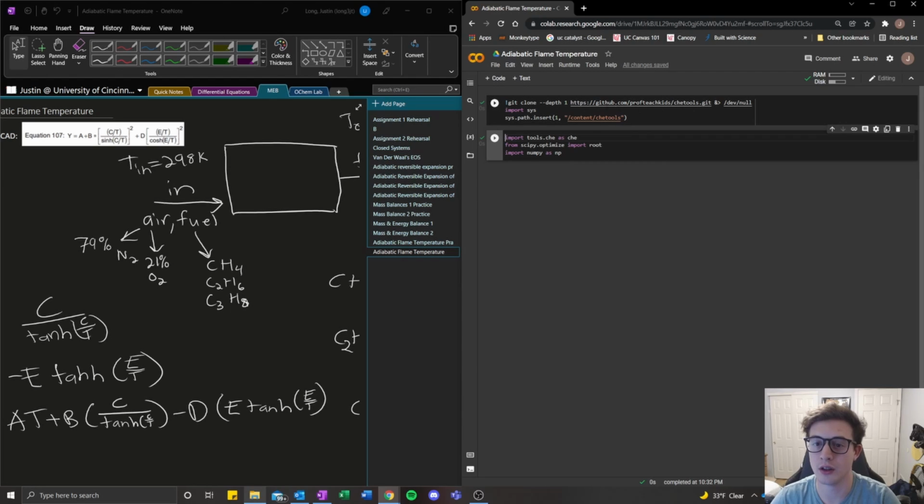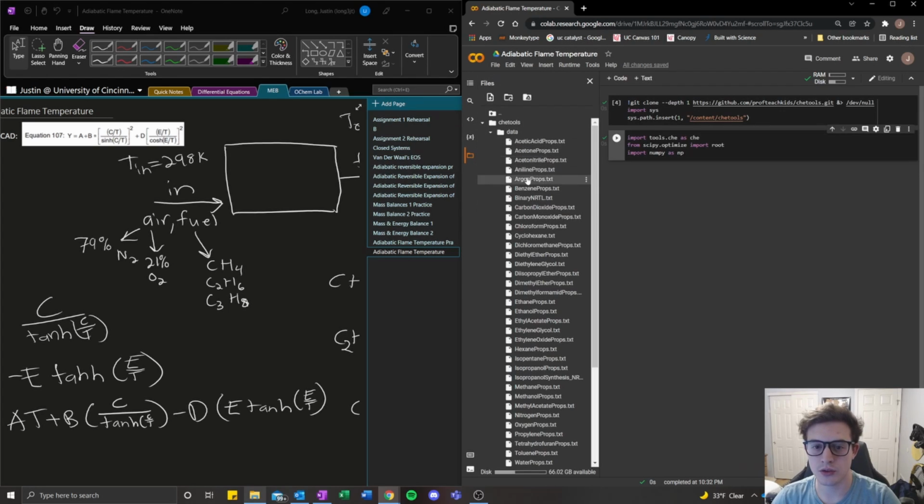This git clone is cloning a GitHub repository that has a bunch of ChemCAD stuff, and we were using ChemCAD equations, so we needed the ChemCAD data. That line imports the tools aspect, which allows us to get these properties of all the data.